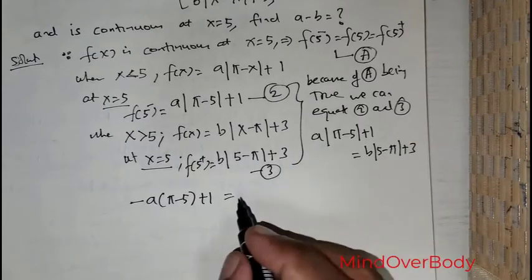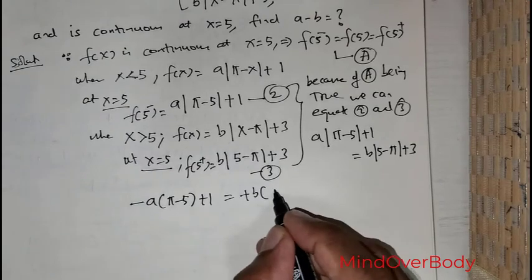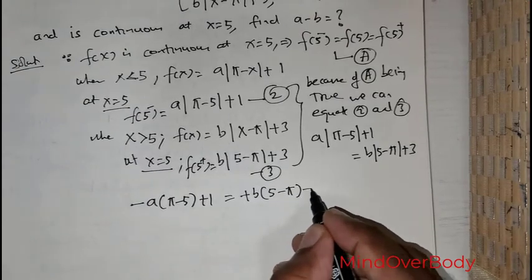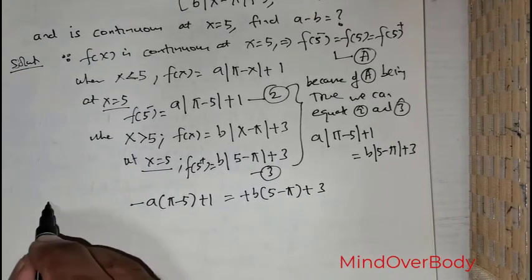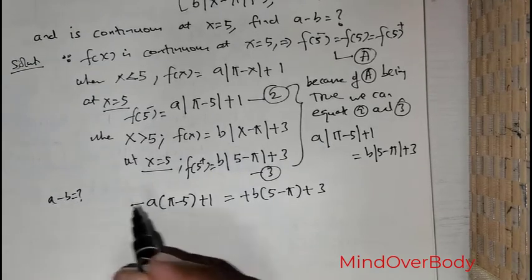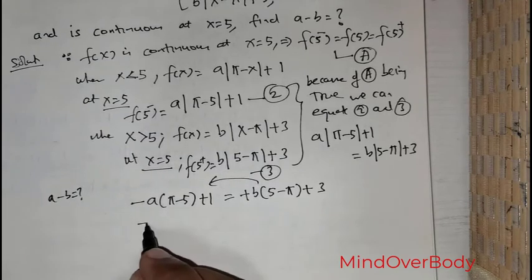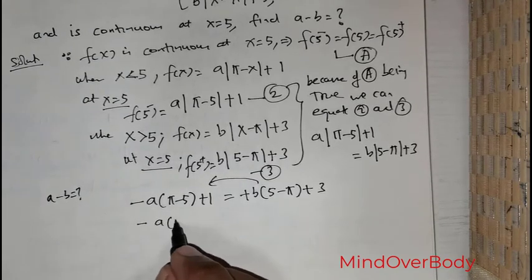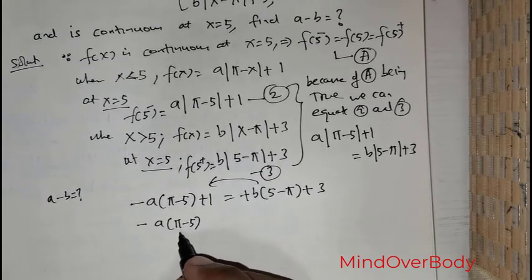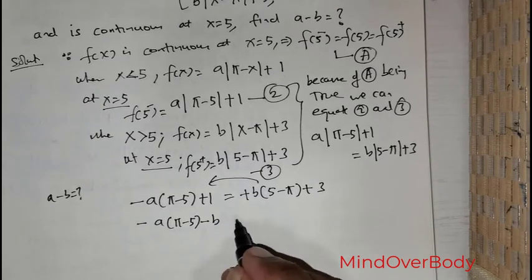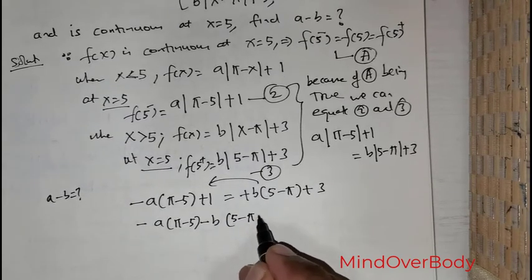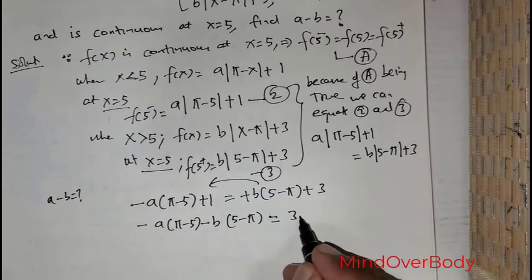So the outcome is positive, so it's going to be positive b times (5 − π) + 3. We are expected to find the value of a − b. So I am going to be pushing everything to this side. So negative a(π − 5) − b(5 − π) is equal to 3 − 1.